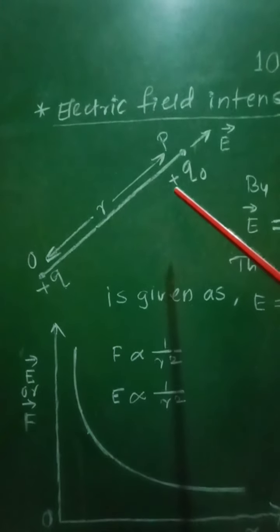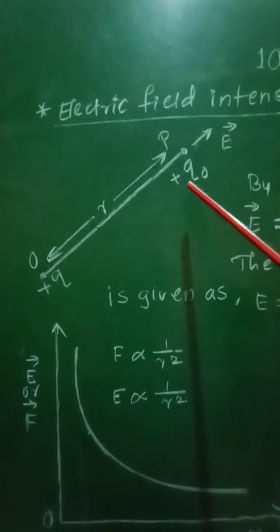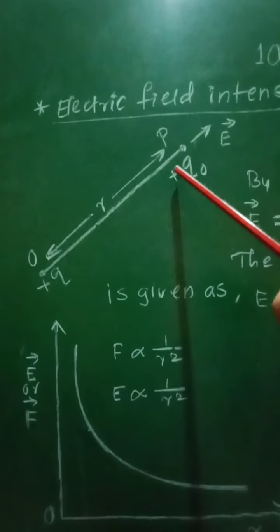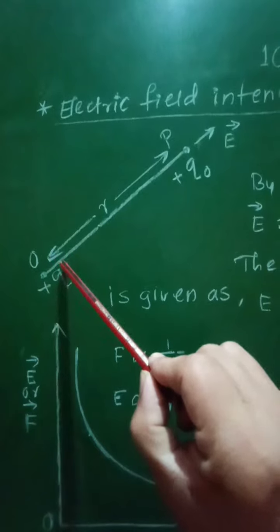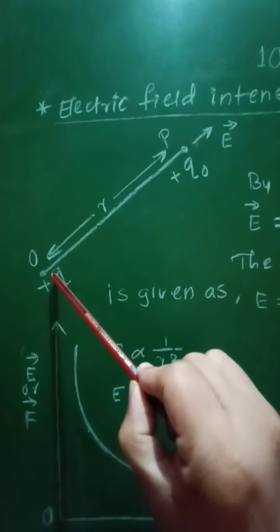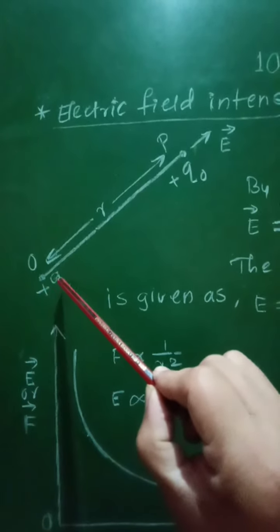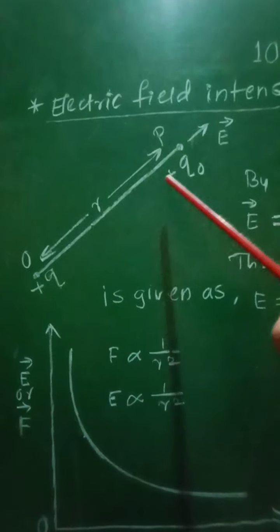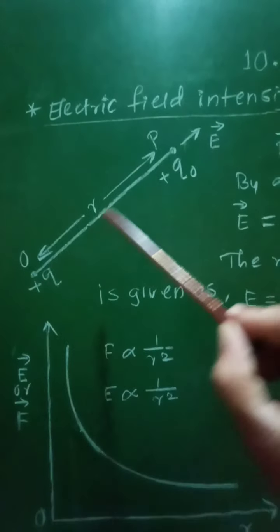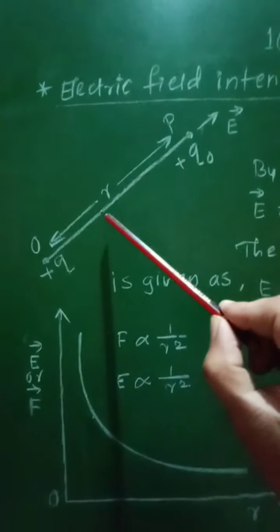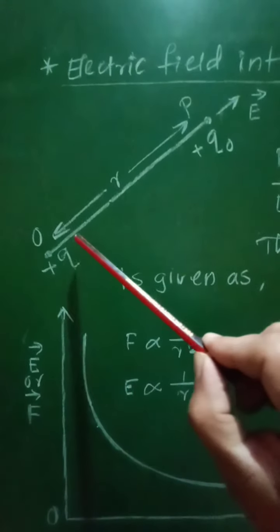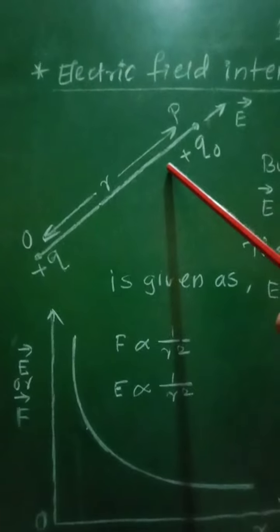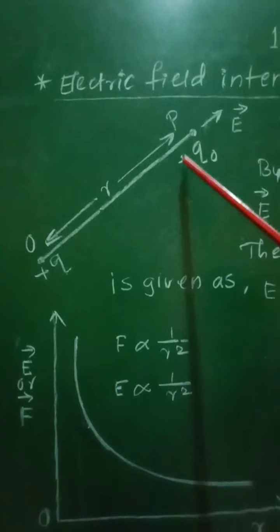Then let +Q0 be a test charge placed at point P at a distance equal to R from this point charge Q. As these two charges, +Q and +Q0, that is point charge and test charge, are separated by a distance R, the Coulomb force will be experienced between these two charges.